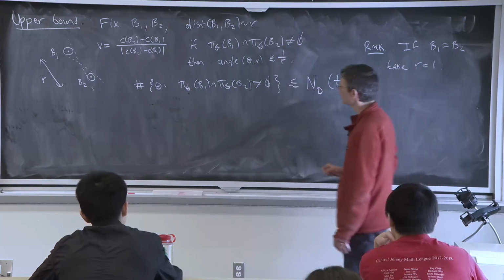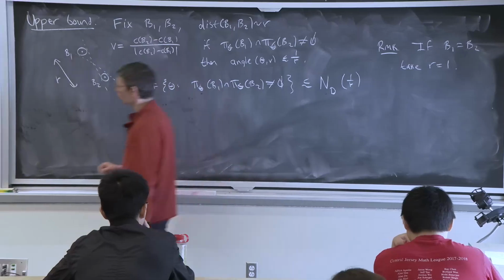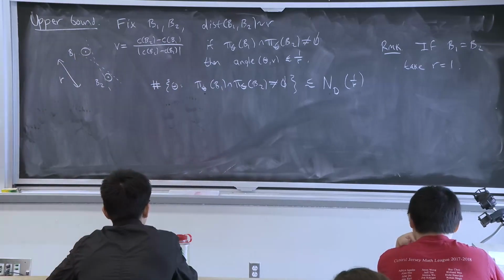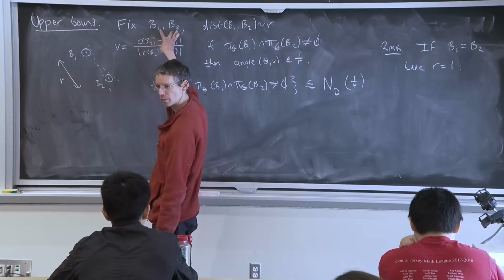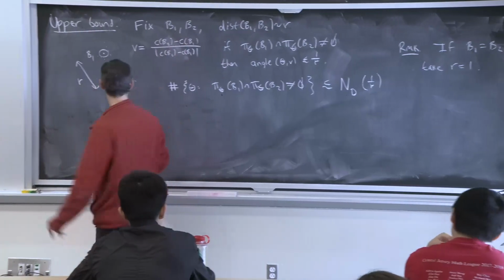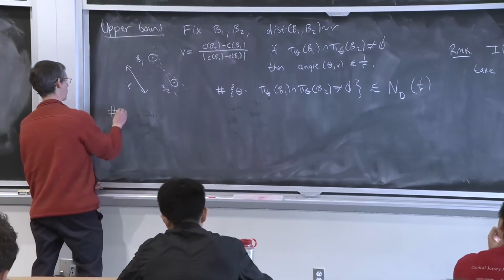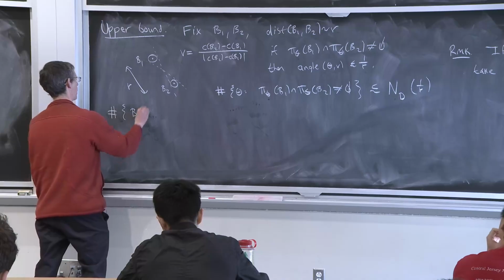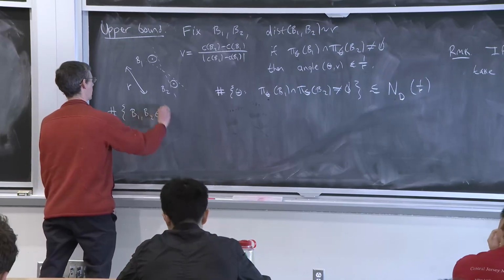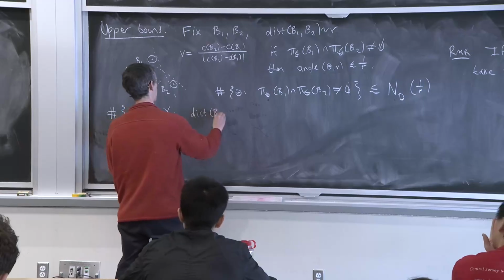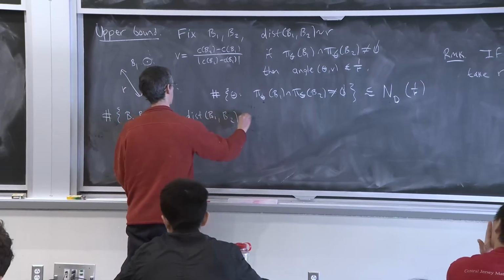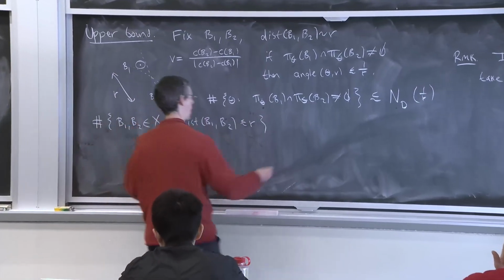OK. So if we want to upper bound star, now we need to count the number of choices for B1 and B2. So now I'm interested in the number of pairs B1, B2 in X with the property that the distance from B1 to B2 is at most r.